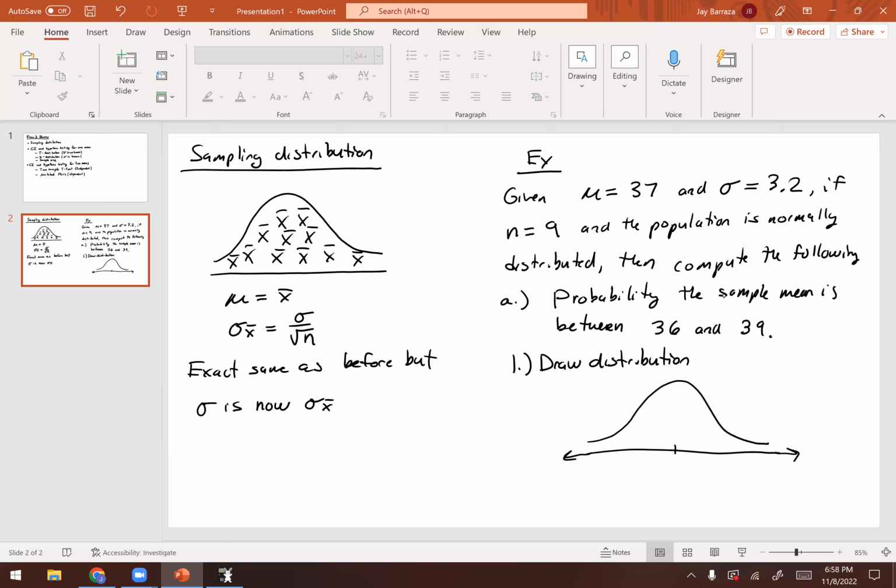Well, what goes in the center is going to be the mean, right? So the mean goes in the center, so mu, which happens to be 37. And so now I'm just asking, what's the probability or the area between 36 and 39?